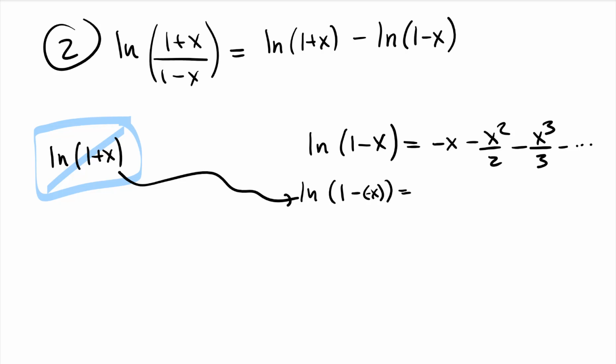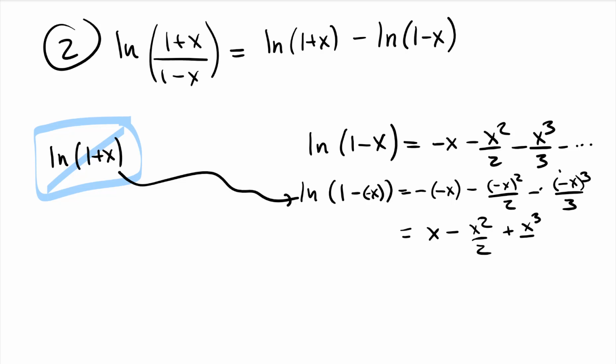Well, this one's going to turn out to be negative x minus negative x squared over 2 minus negative x cubed over 3. So this turns out to be x minus x squared over 2 plus x cubed over 3. If you were to continue on, you get x to the 4th over 4, but negative, and the next term would turn positive.